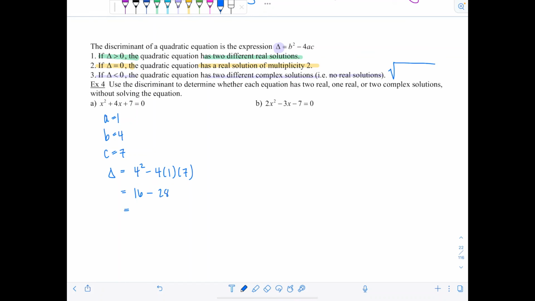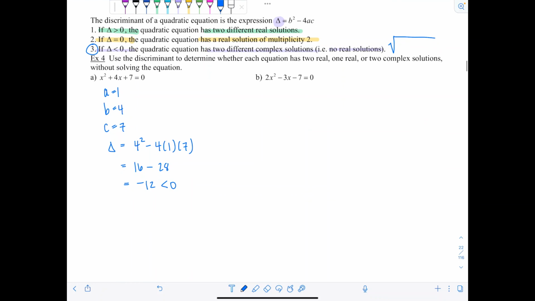Okay. So 16 minus 28, I don't really care what it is. I already can tell it's negative. It's less than 0. So I'm in this scenario, case 3. Don't put case 3 though. That's just what your book calls it. So you have to say that we have 2 different complex solutions or no real solution. Okay, good.